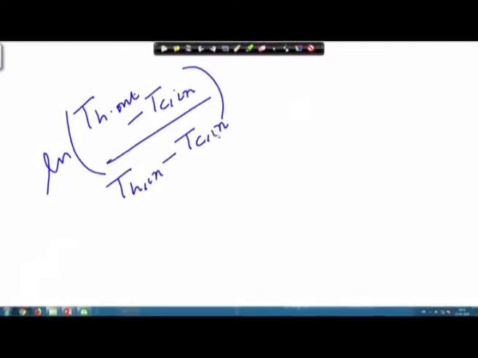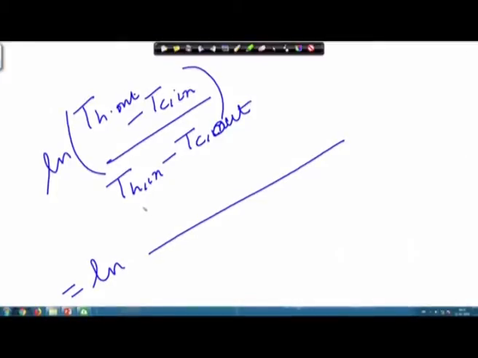So, we will add and subtract. First of all, we will divide this expression, both denominator and numerator, by T_H,in, oh sorry, this is not T_H,out.